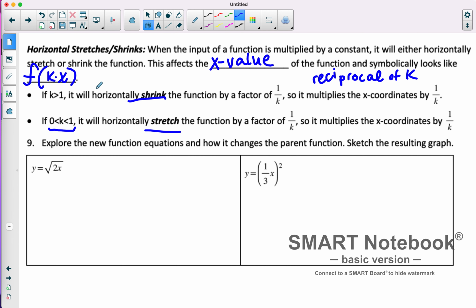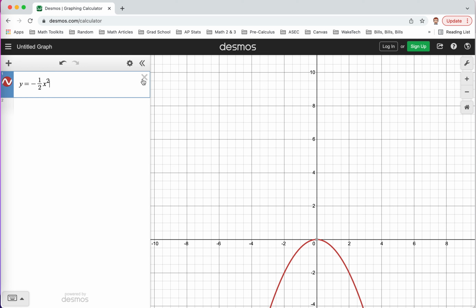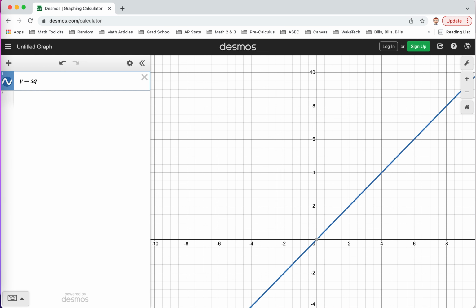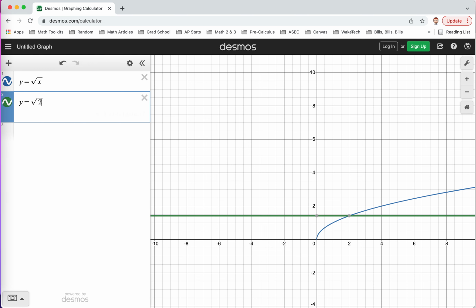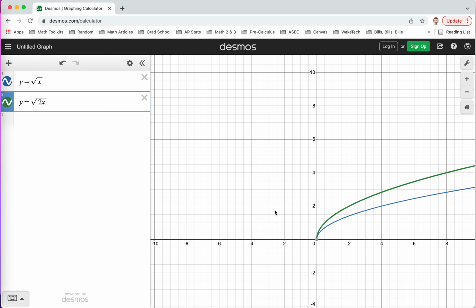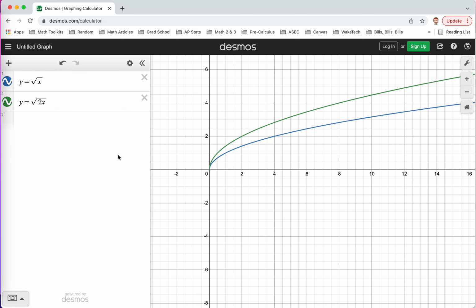So if we looked at the difference between these, we have a parent function of square root of x and square root of 2x. Horizontally, what has happened is that each of these x values, so (1, 1) was an original point, the x value has been multiplied by 1/2.